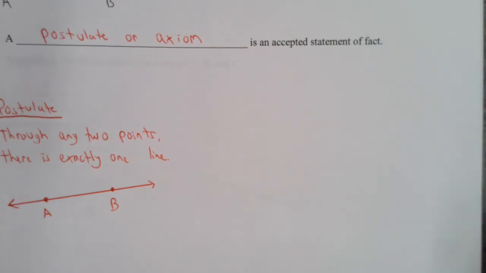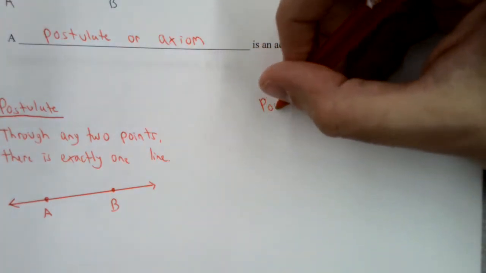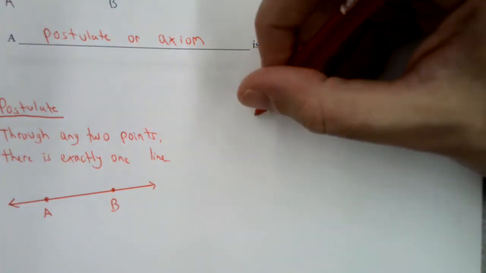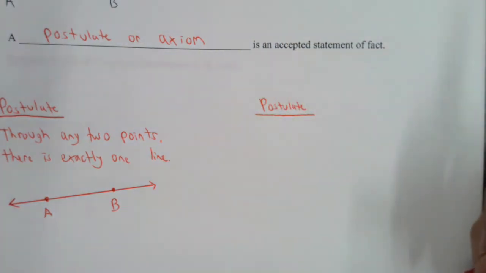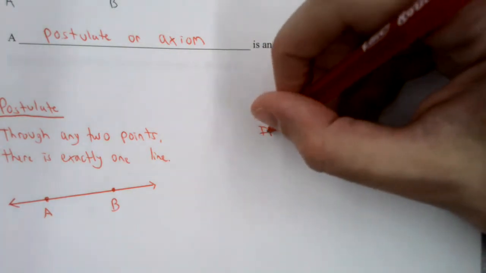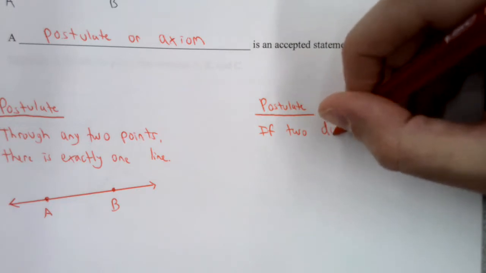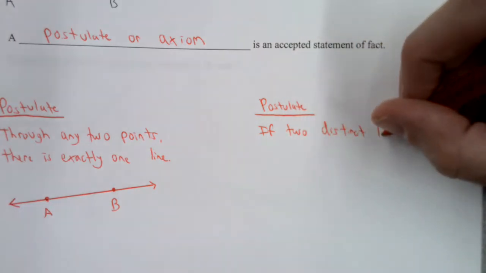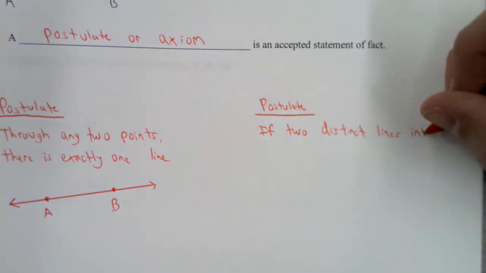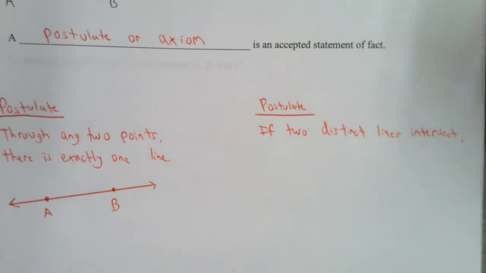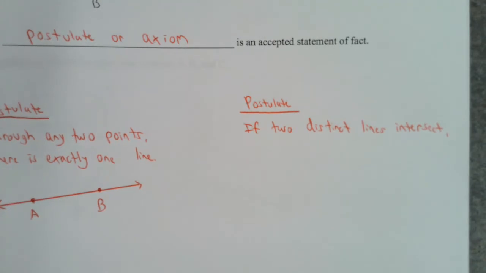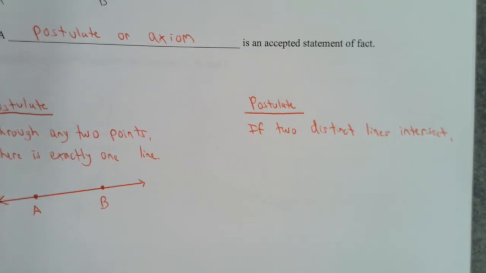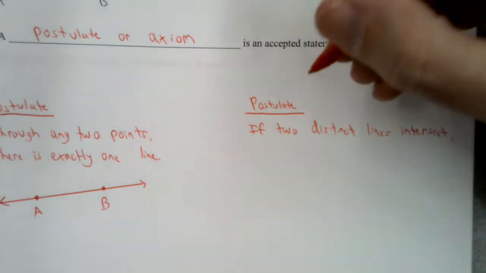Here's another postulate. If 2 distinct lines intersect, distinct means 2 lines that are not the same. Okay, so if 2 distinct lines intersect, then they intersect in exactly 1 point.